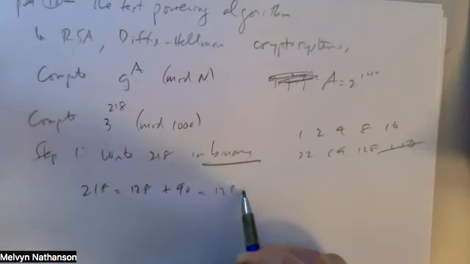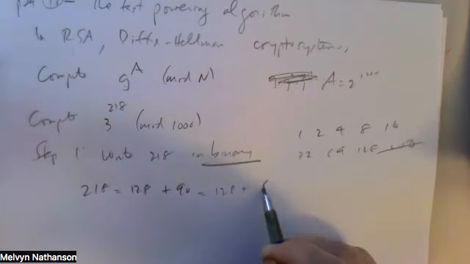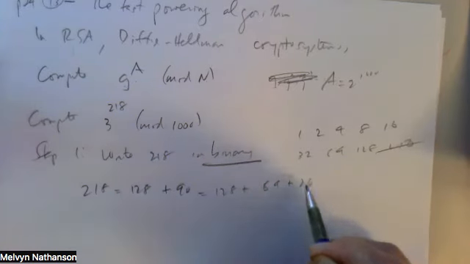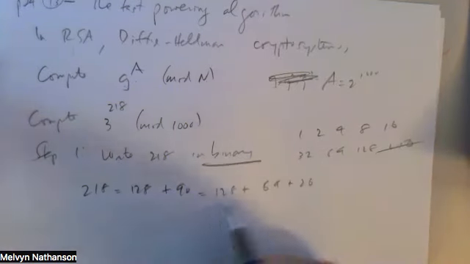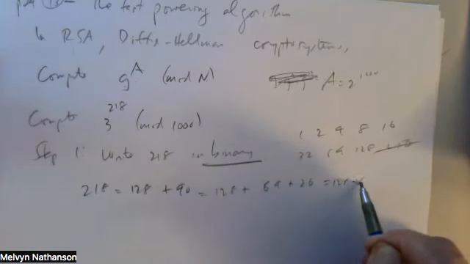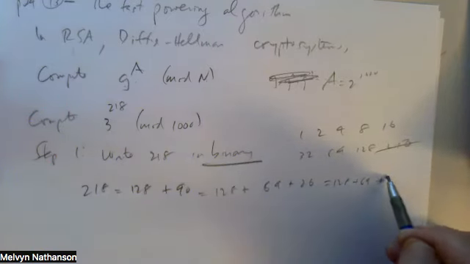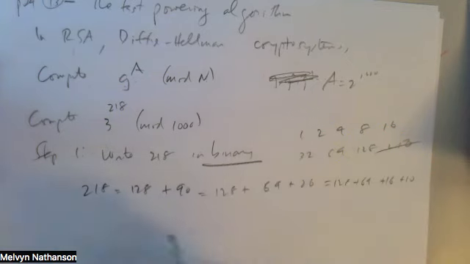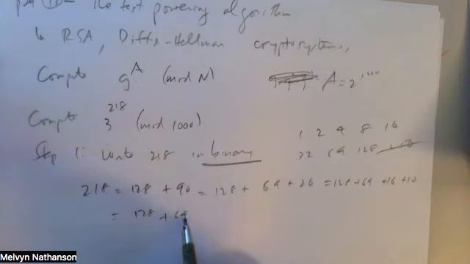So that's 128 plus 64 plus 26. That's 128 plus 64 plus 16 plus 10. That's 128 plus 64 plus 16 plus 8 plus 2.